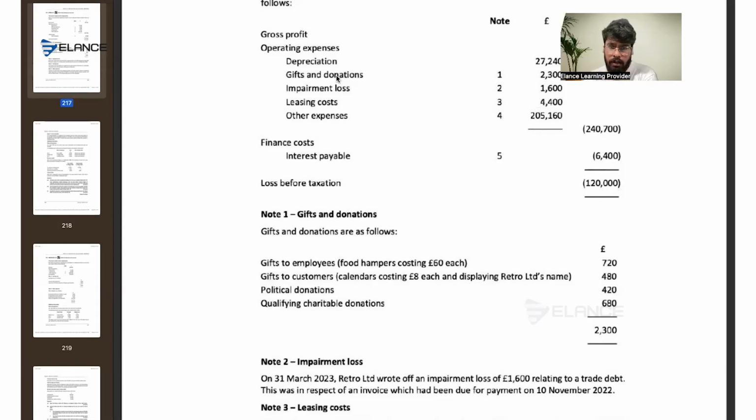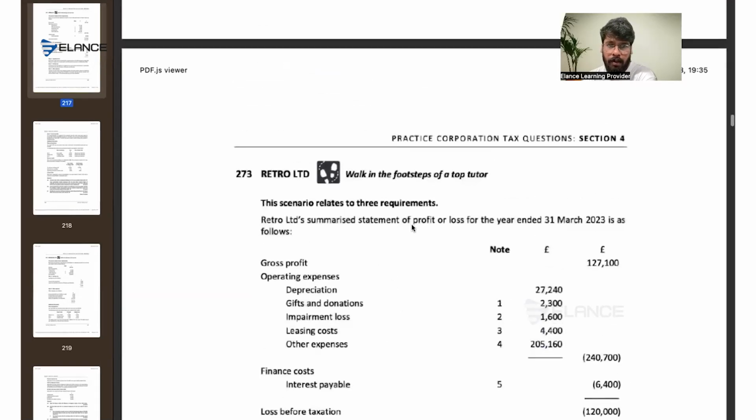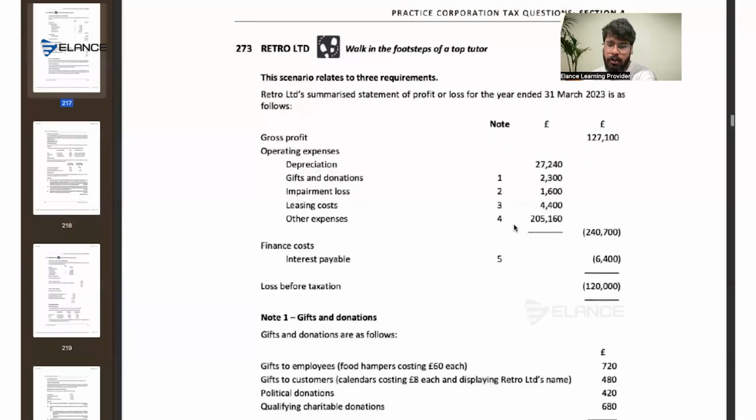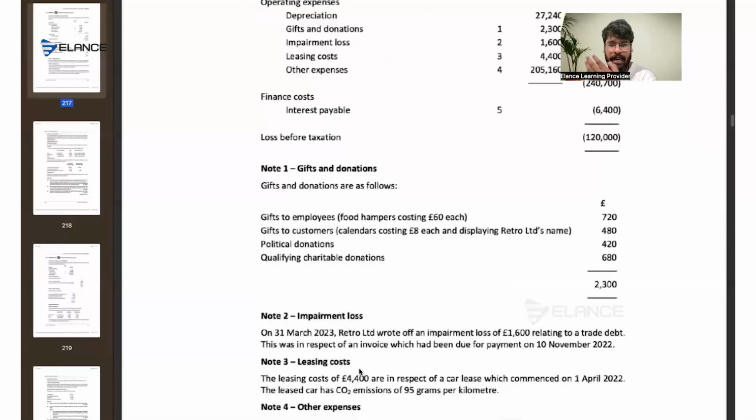No need to check the dates here. The date mentioned is 31st March 2023 when it was written off, and it became due on 10th November. Both happen in this accounting period. So do we check dates in VAT, sir? Yes, in VAT, for the purpose of finding out the impairment loss relief, we should consider the dates.